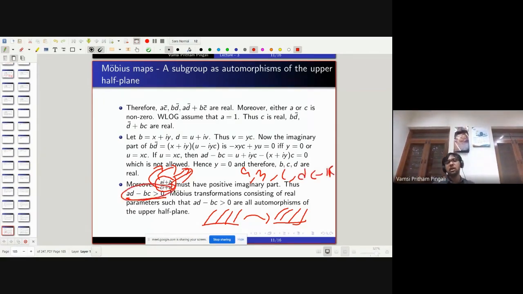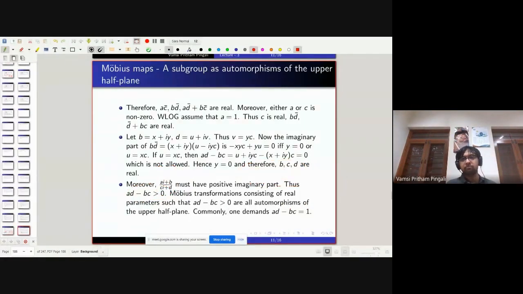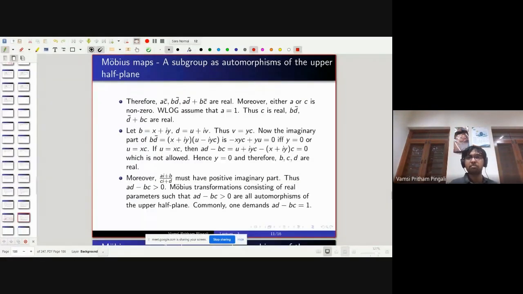These are the Mobius transformations that take the upper half plane to itself. Not all Mobius maps do the job, precisely these ones do. In fact, some people demand that AD minus BC be equal to 1. A, B, C, D are real and AD minus BC equals 1. Maybe I'll just stop at this point.